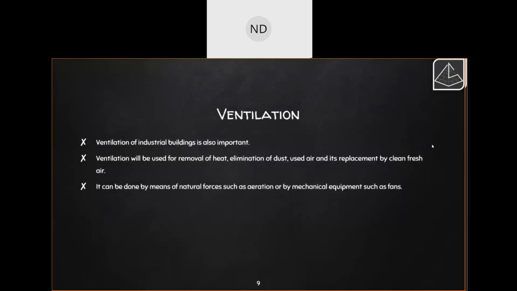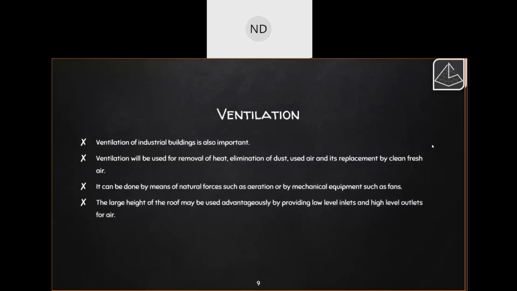Fans are provided to remove the heat. You must have seen those globe-like structures on the roof of buildings or industrial sheds which rotate. These structures are used to eliminate the heat created inside, and the heated air rises and goes out through these vents.